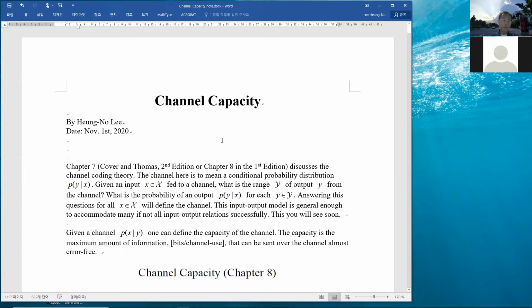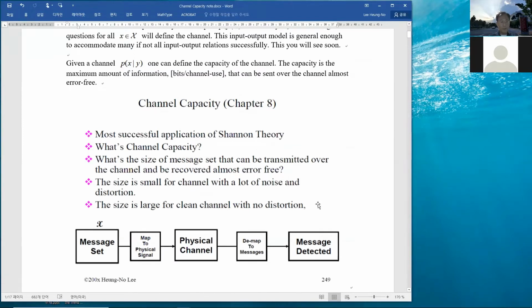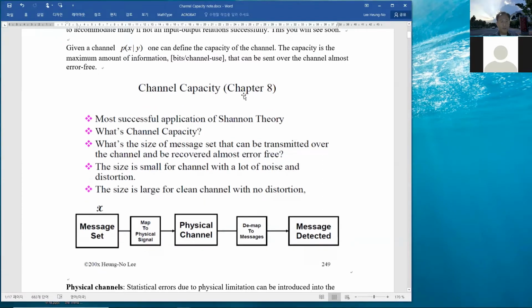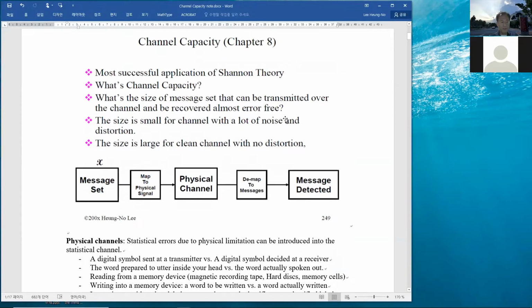I want to continue my discussion on channel capacity using this note that I started last time. I talked about channel capacity, Cover and Thomas, chapter 7 of the second edition, chapter 8 for the first edition.